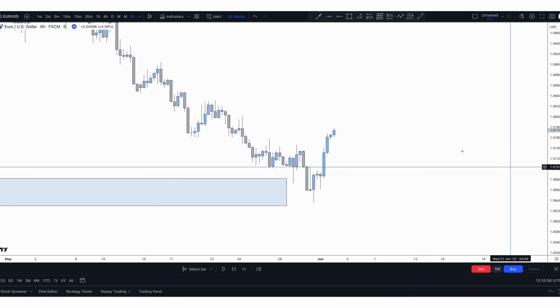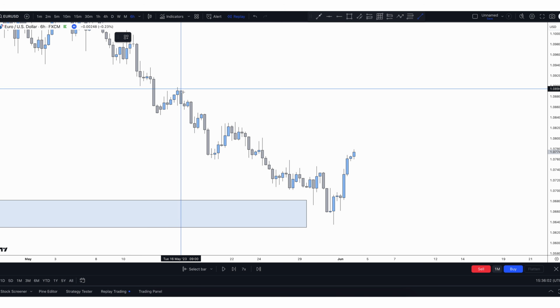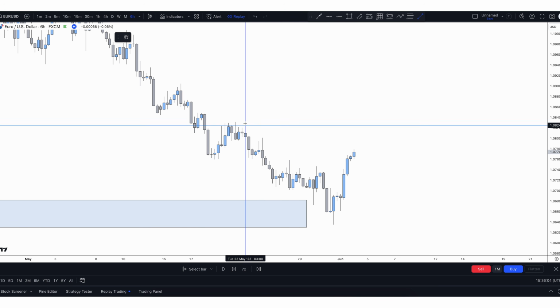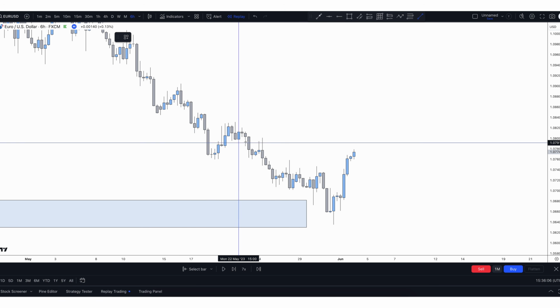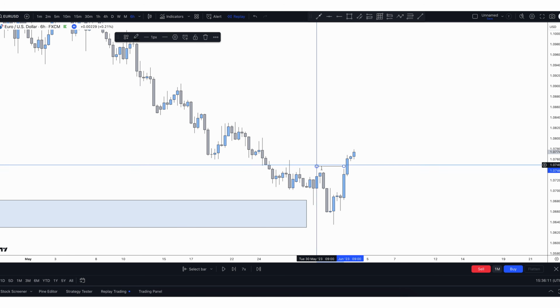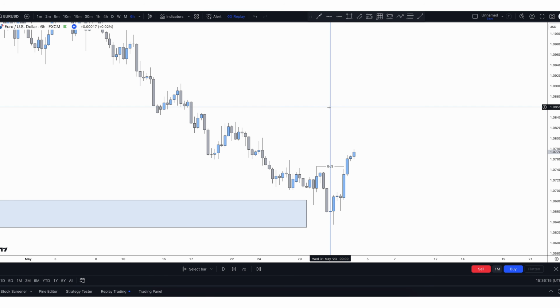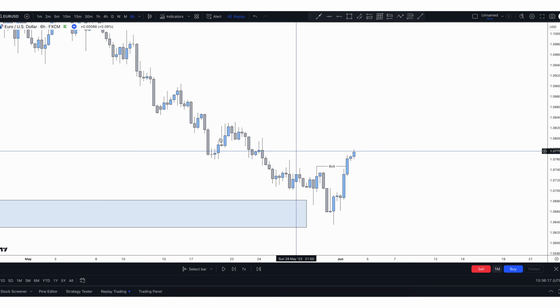Let's break down the actual format of this entry. So we can see this would be where you'd be taking continuation trades or pro-trend trades throughout this falling market. But when the market comes down to this point just here and formulates a lower high before the lower low, we create a break of structure through this high.